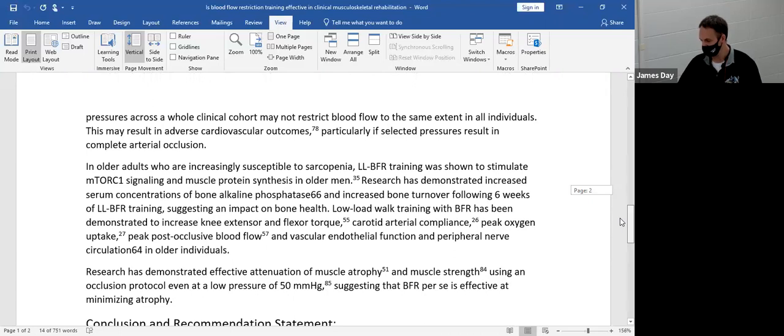This may result in adverse cardiovascular outcomes, particularly if selected pressures result in complete arterial occlusion. So the idea in this statement here is we're describing both positive and negative outcomes. Right? We can flat out make a statement that says 14 articles found positive results and 1 article found negative results, and then just cite 14 and cite 1.